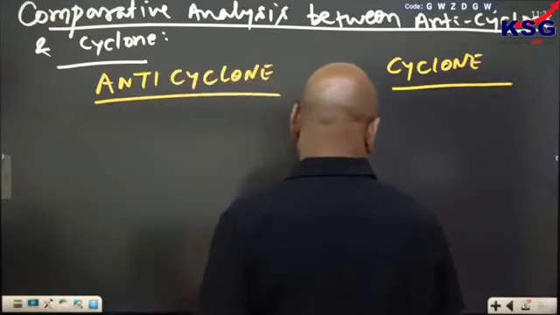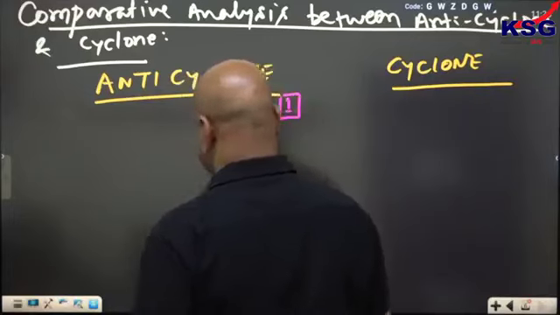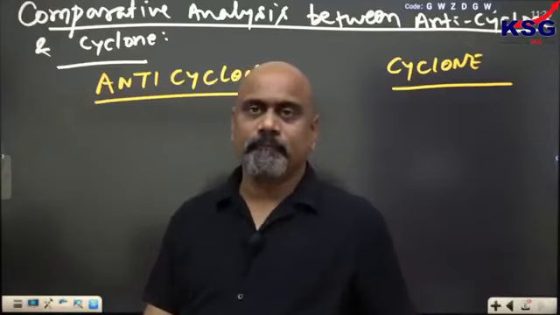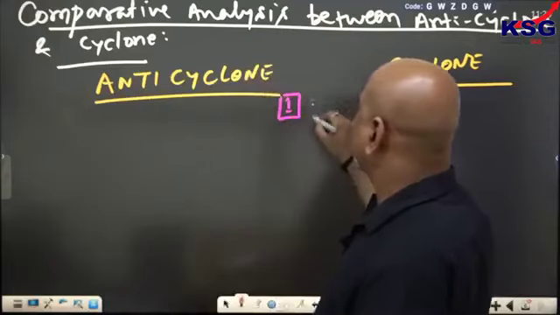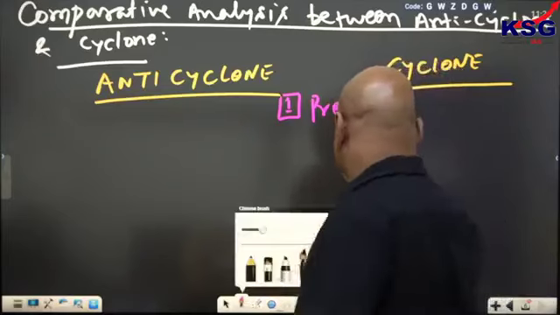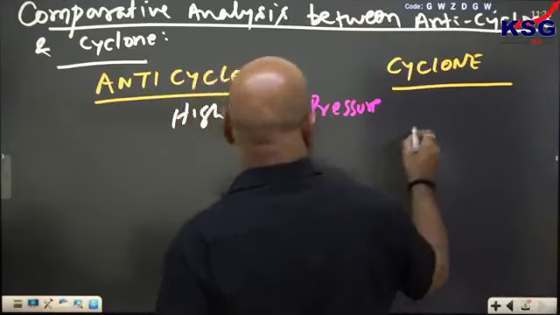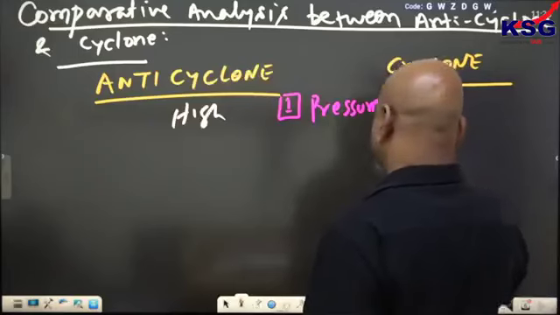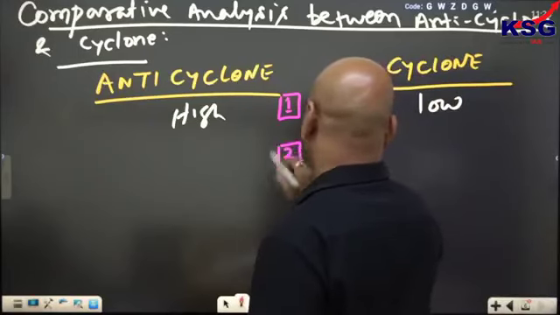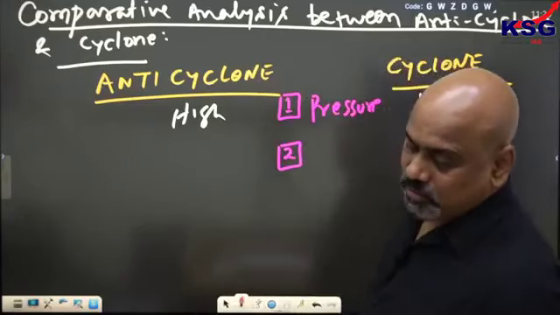First point, number one, pressure condition. Here it is high pressure, this side you have low pressure. High pressure cell, low pressure cell.